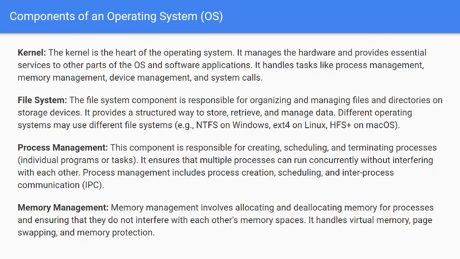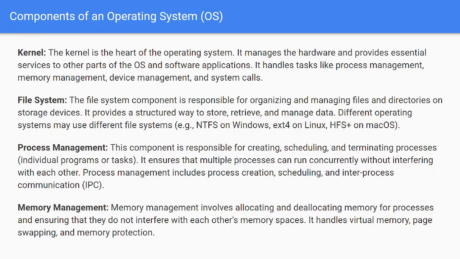It is there, but you don't see it. It manages the hardware and provides essential services to other parts of the OS and the software applications. You can dive more into this kernel. There are different types of kernel depending on the particular operating system. So it's very important to try and understand more about the kernel.